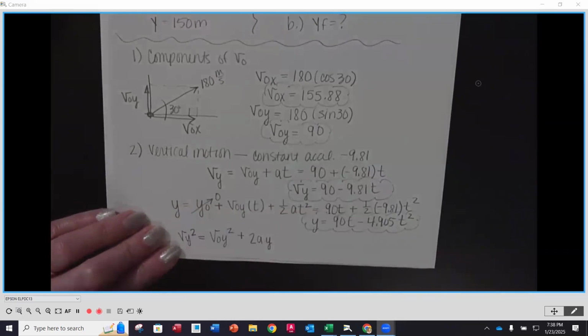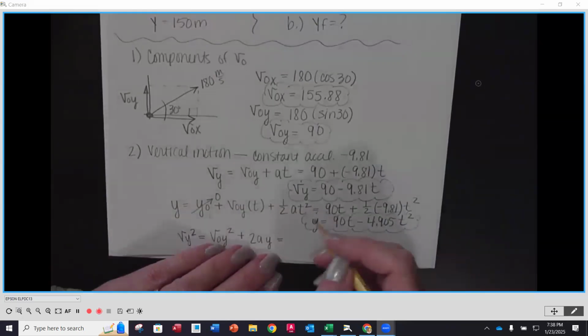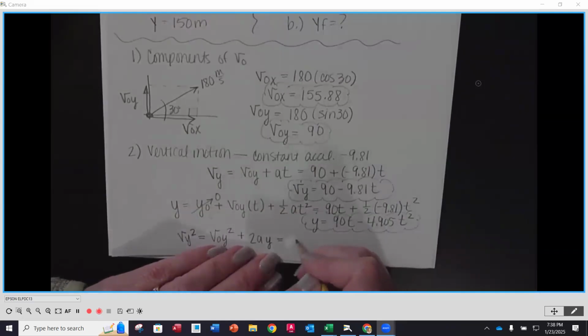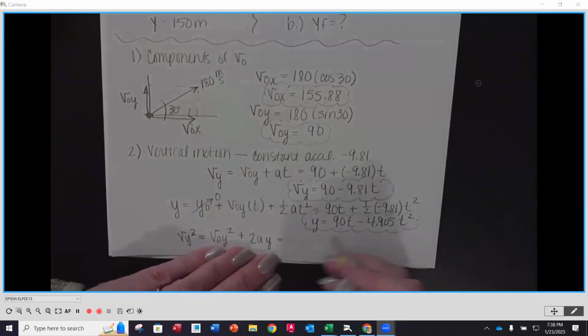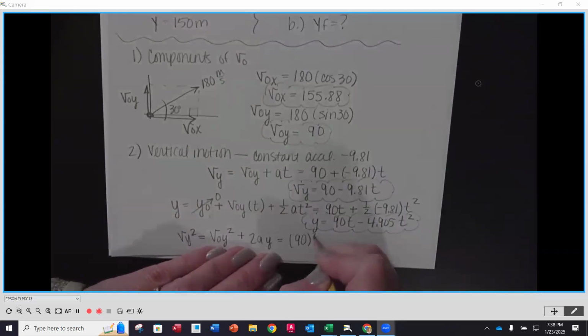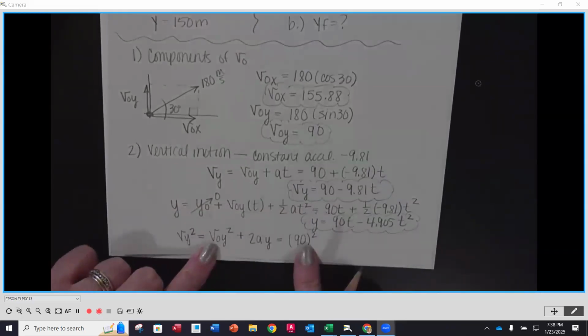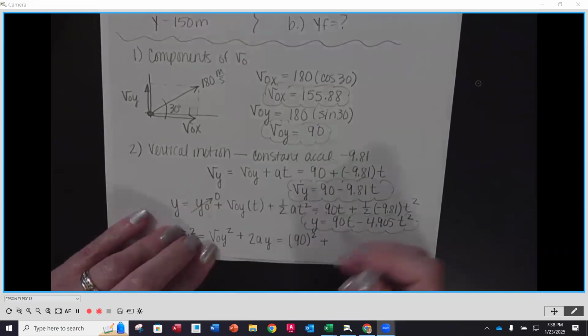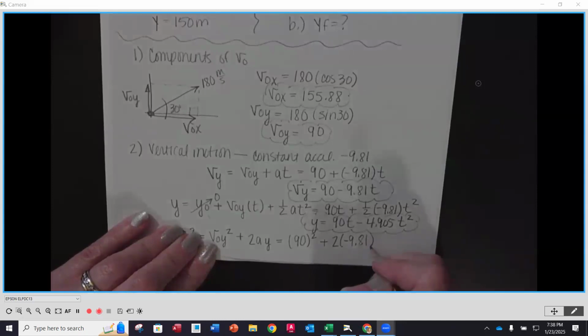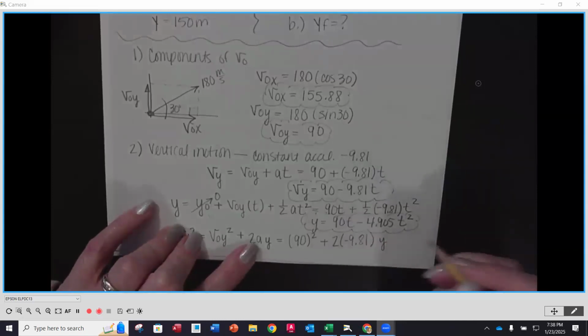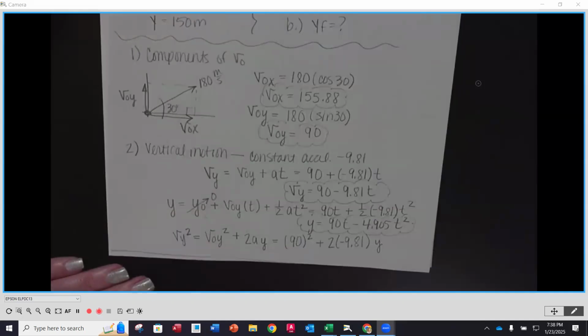Okay. And that's going to be equal to 90 squared, that's our VOY, plus 2 times negative 9.81 times y.